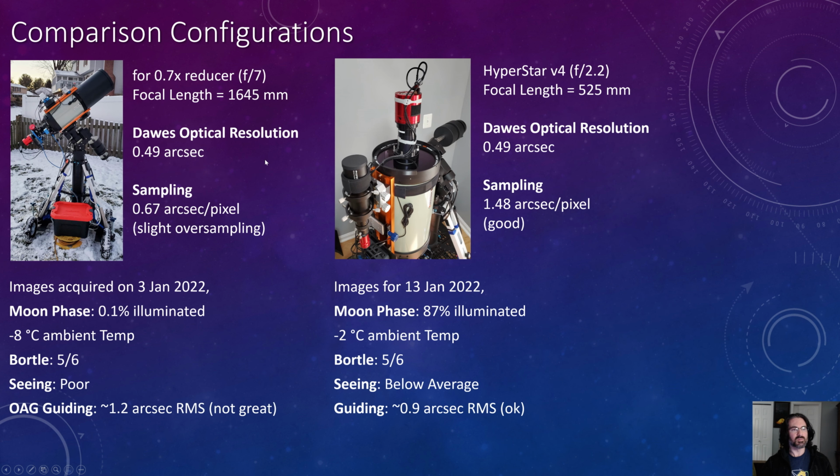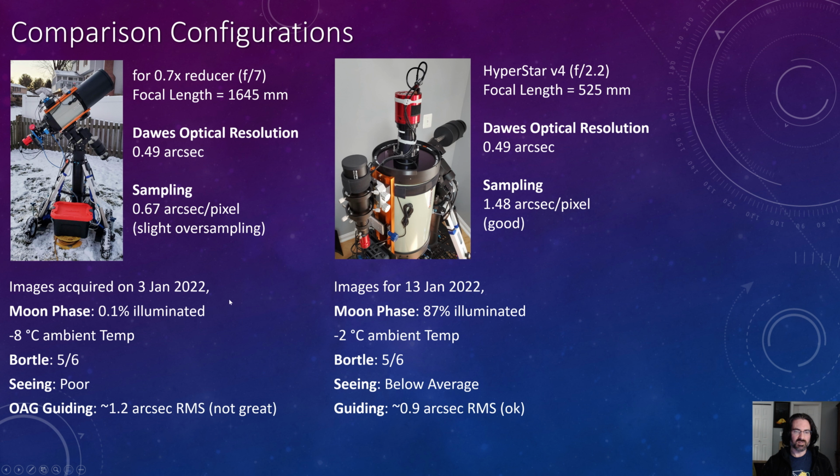In this case, I'm going to be comparing the telescope in two different configurations: one using the 0.7 focal reducer, giving me f7, and the HyperStar version 4, giving me f2.2. In both cases, I'm using my 9.25 inch Celestron Edge HD Schmidt-Cassegrain telescope.